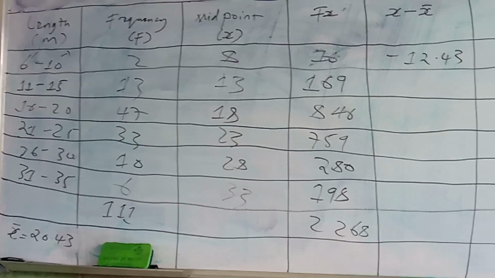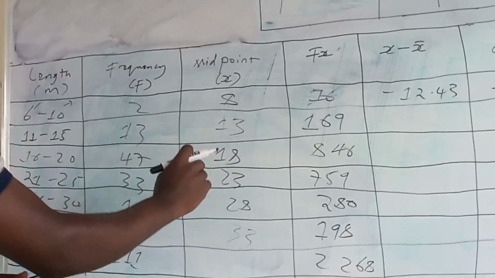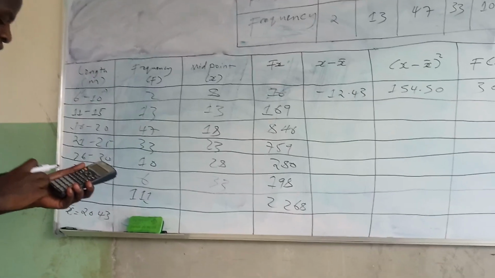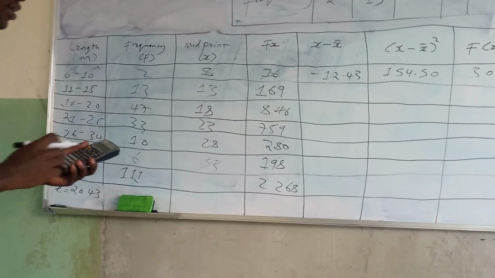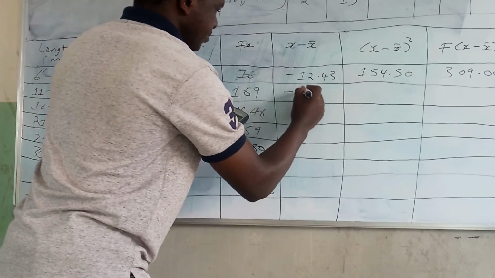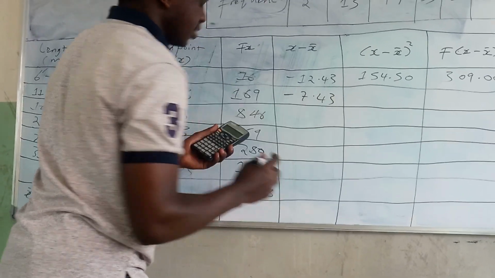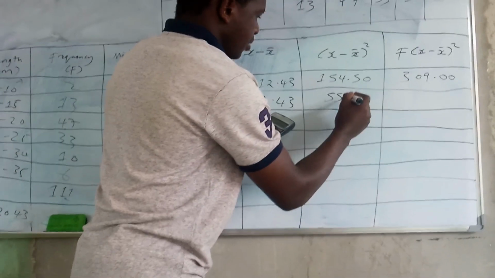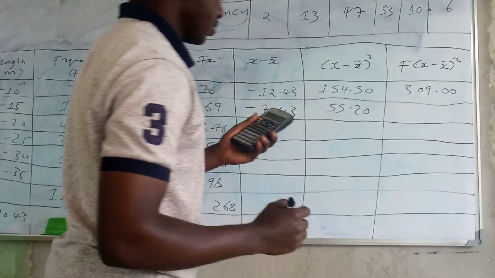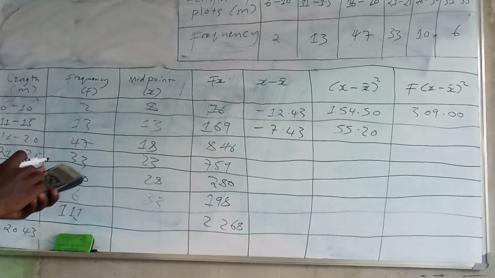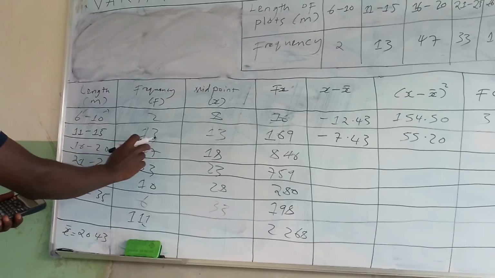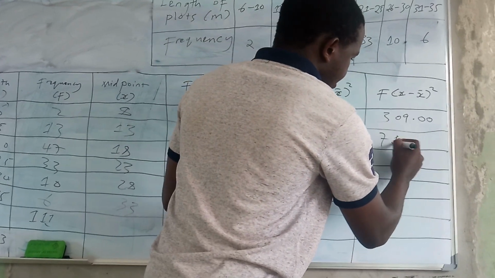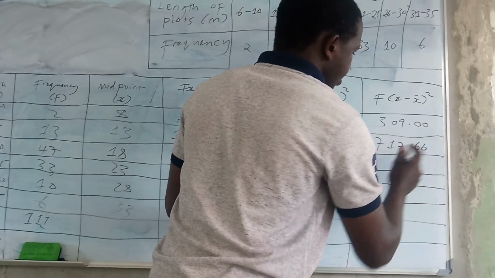Coming to the next interval, my midpoint is 13. 13 minus 20.43 gives negative 7.43. Squared, that's 55.20. Multiplied by the frequency, which is 13, I'm having 717.66.